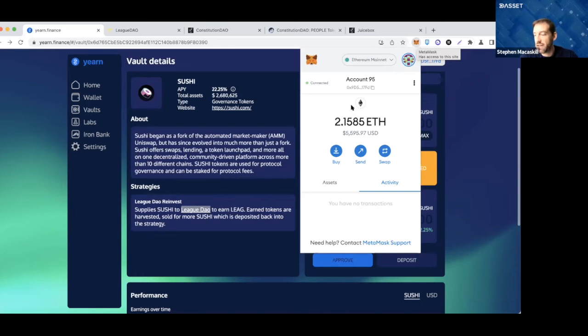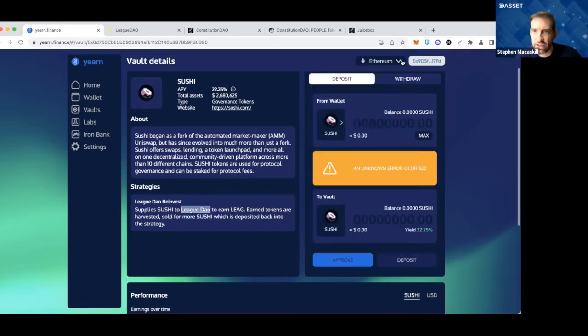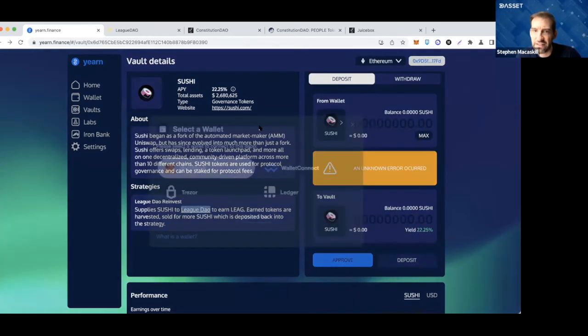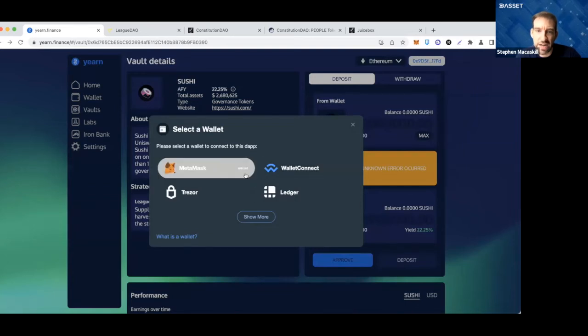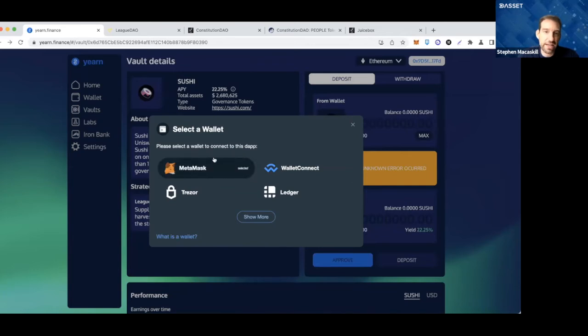But I am really looking forward to seeing better wallets than MetaMask in the near future. Right now you can see my wallet is connected through MetaMask. You can use a few others. Normally I recommend, or I use, Trezor with MetaMask. So I use a hardware wallet connected to MetaMask.